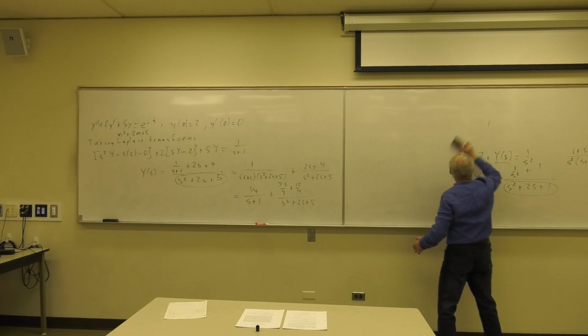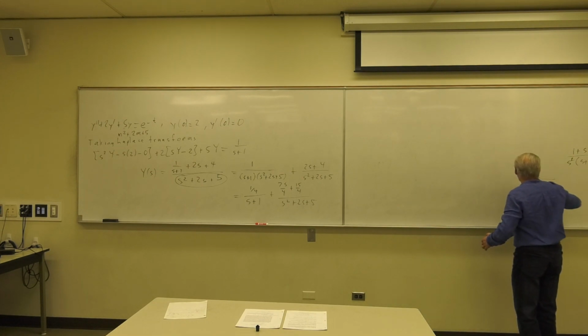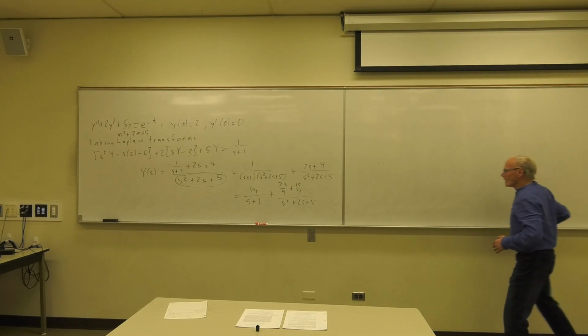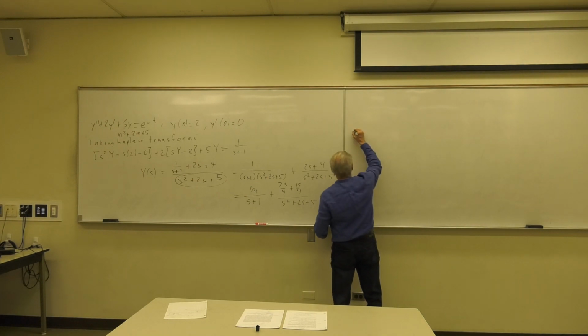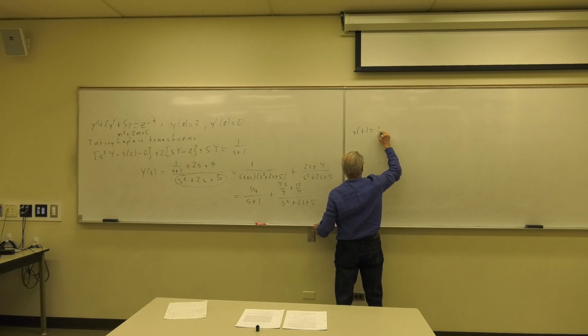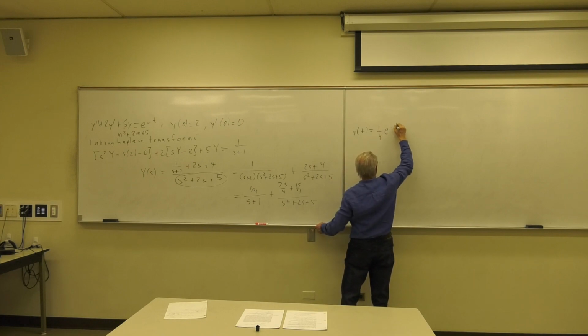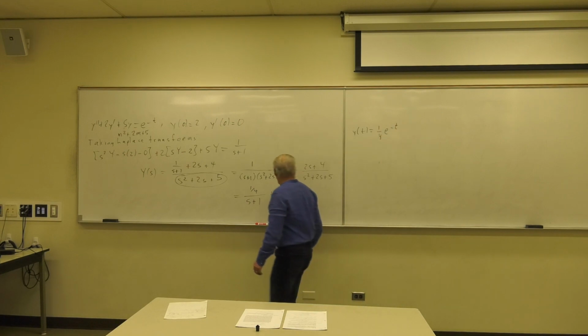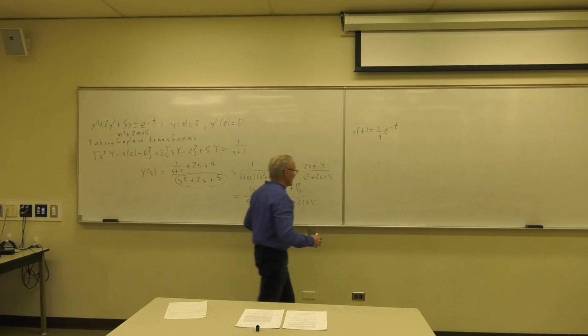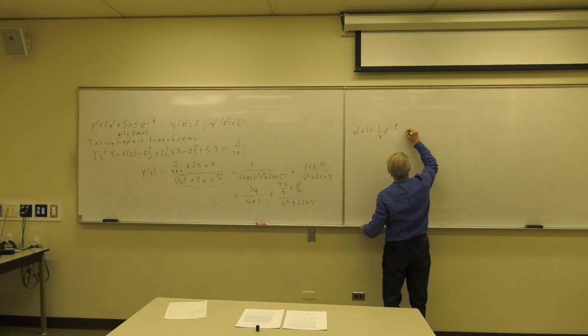First term, not a problem. So y of t is equal to the inverse of this, 1/4 e to the minus t. Now we have to work on this one. Let's write temporarily plus.